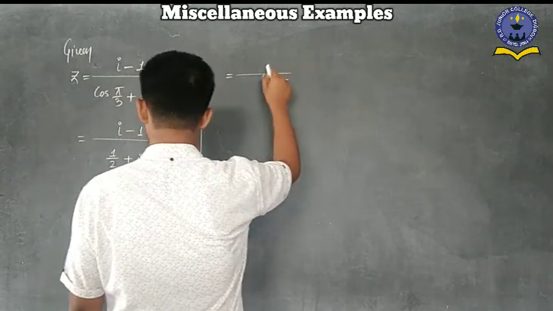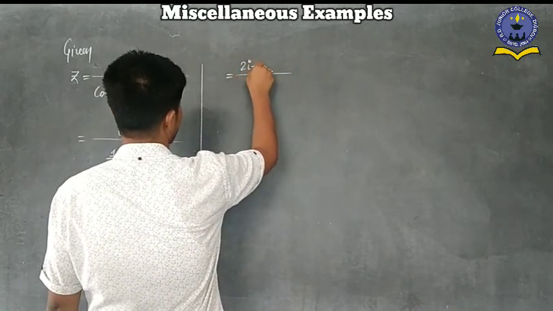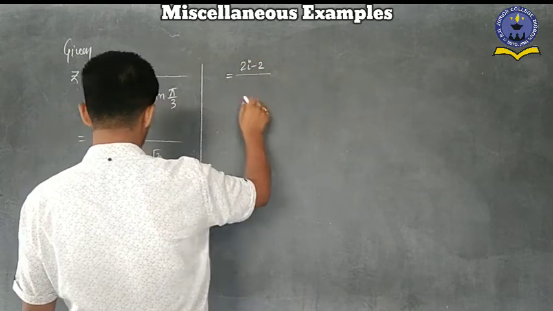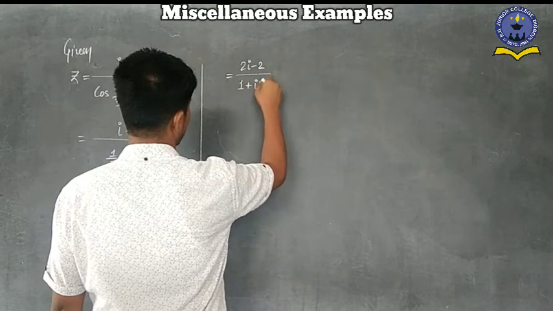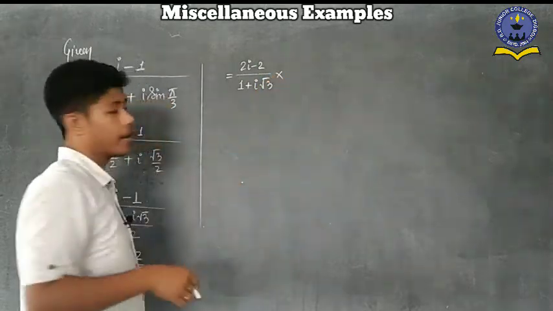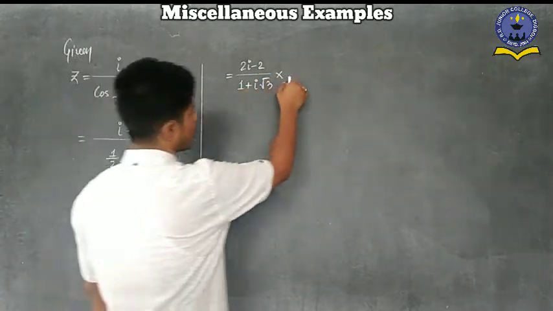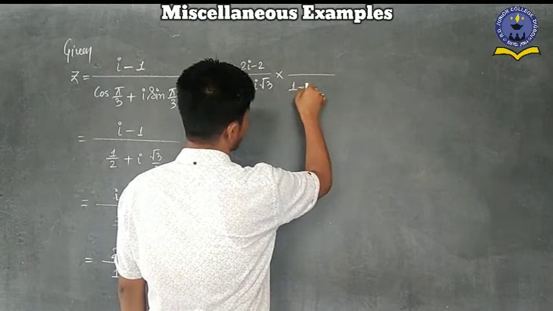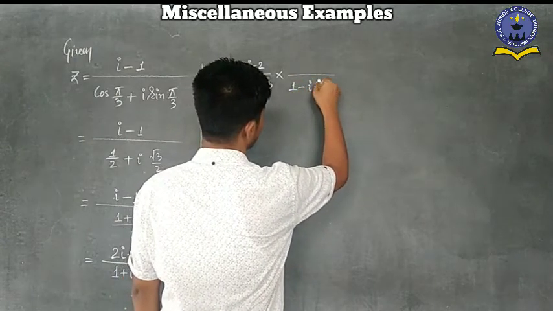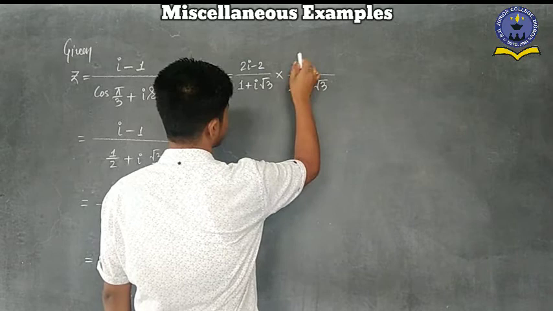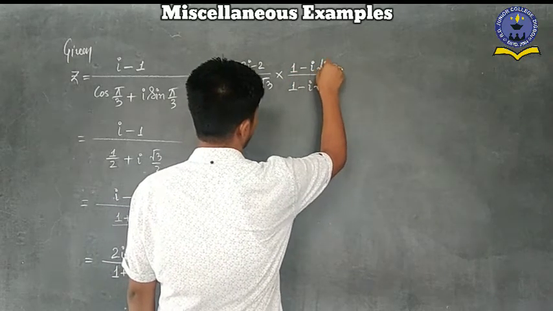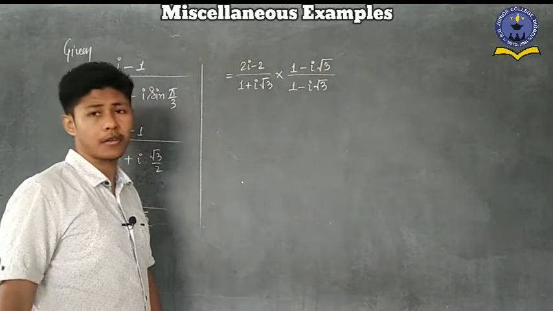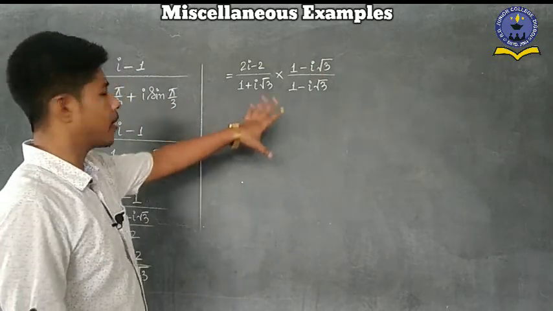So the numerator is twice i minus 2, and the denominator is 1 plus i root 3. The conjugate is 1 minus i root 3, and to balance this we have to multiply the numerator also by 1 minus i root 3. I think all of you understood this.